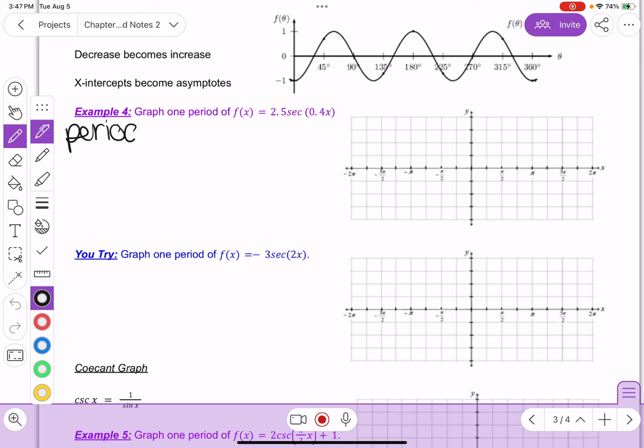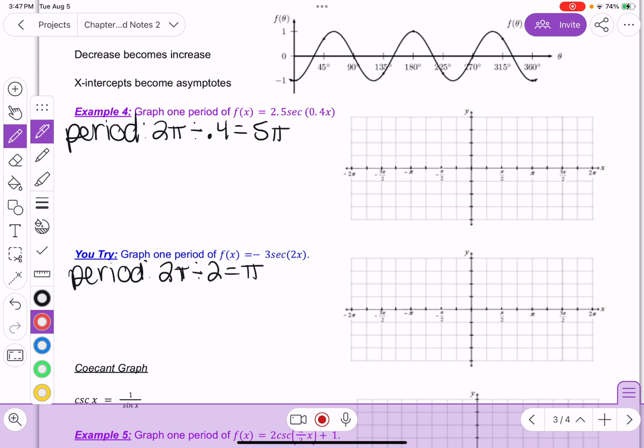So period, 2 pi divided by the number. So 2 pi divided by 0.4 for this one was 5 pi. 2 pi divided by 2 is pi. Amplitude is the number in front. So this one was 2.5.